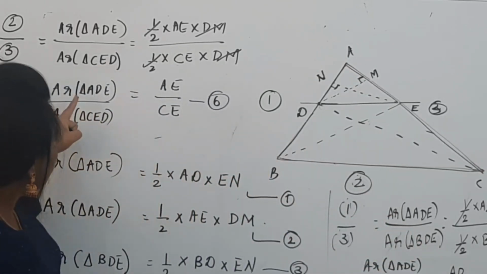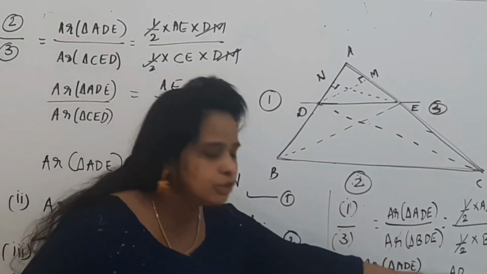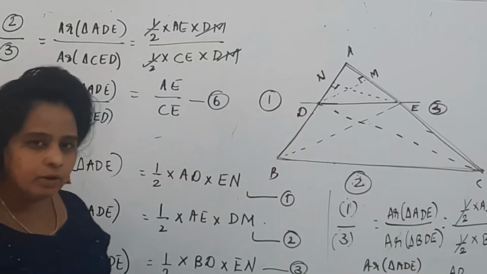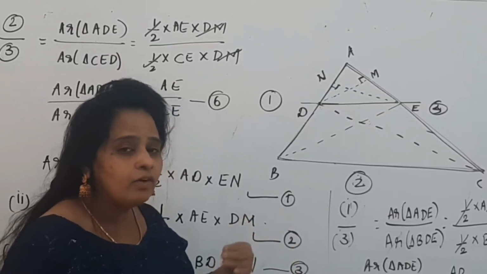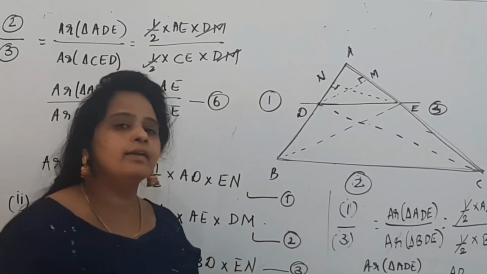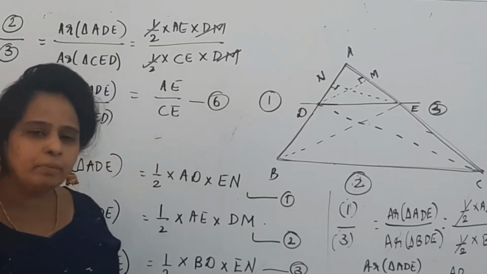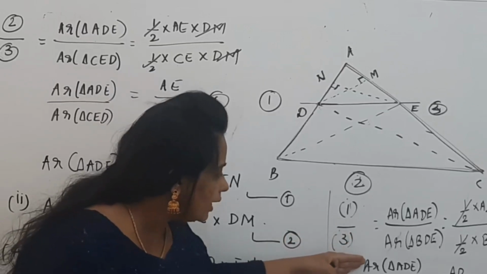If I prove that, automatically the other two sides will be equal. Why? Because in math, if the left hand sides of two equations are equal, then the right hand sides, whatsoever may be the value, will be equal. Correct? So this is my aim.